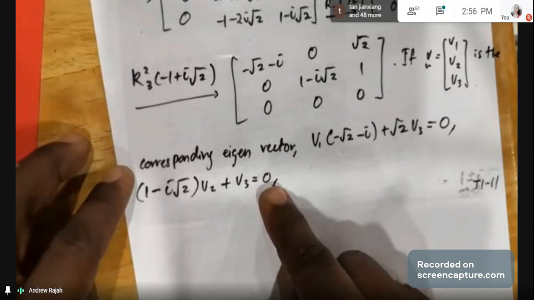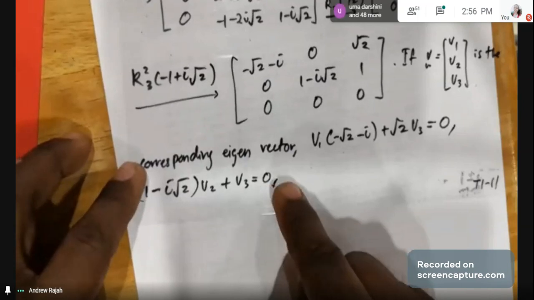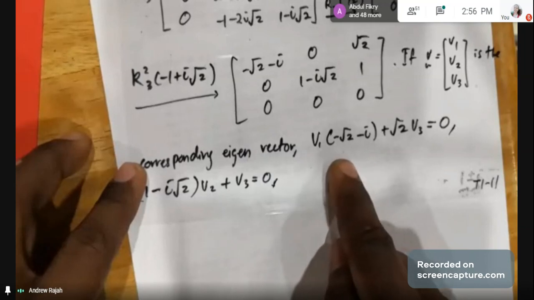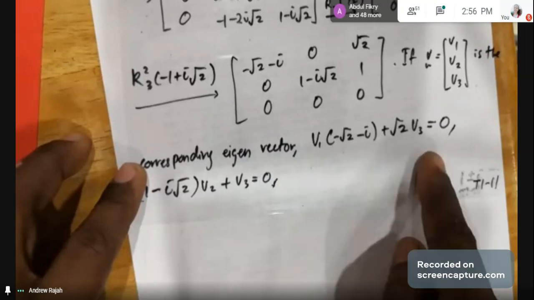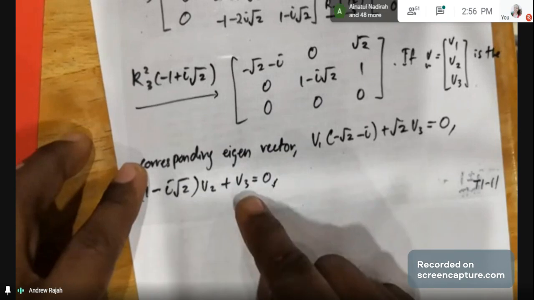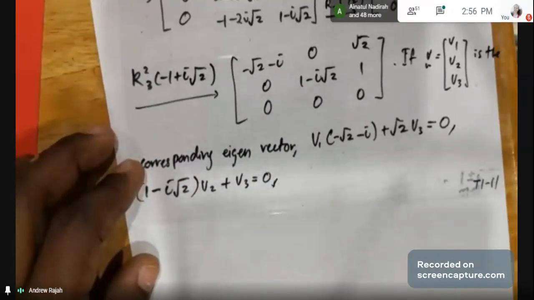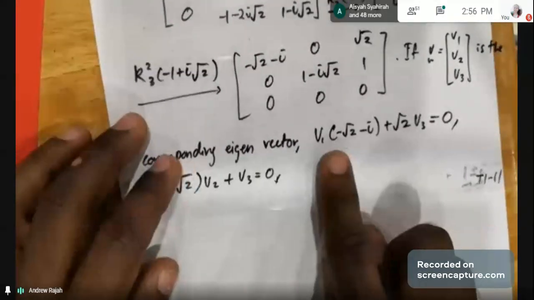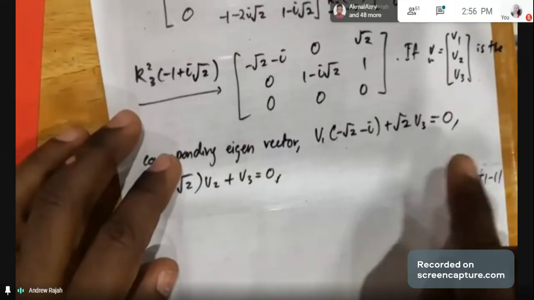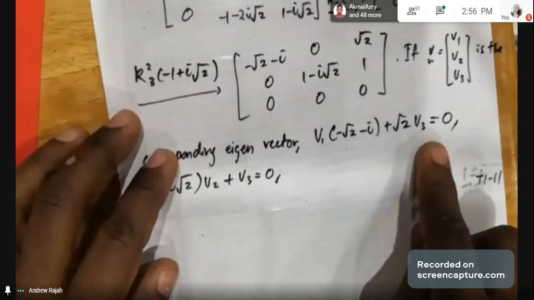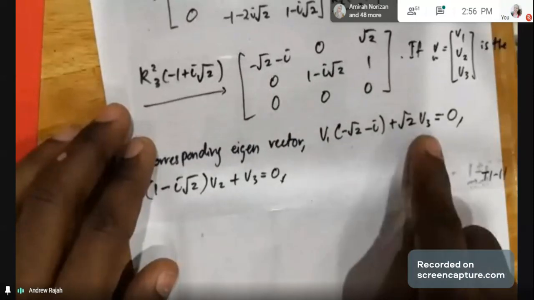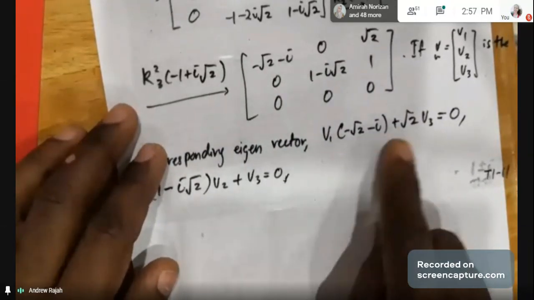So you want to get nice numbers for V1, V2, and V3. When you write V1 and V2 in terms of V3, you can choose, because there are two equations and three variables V1, V2, and V3.